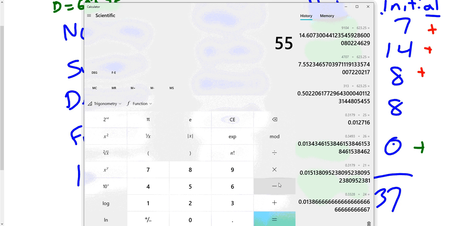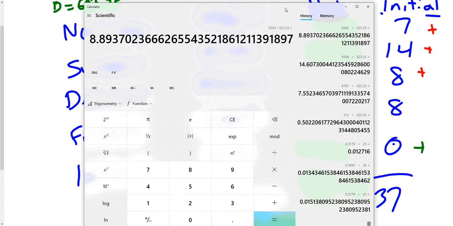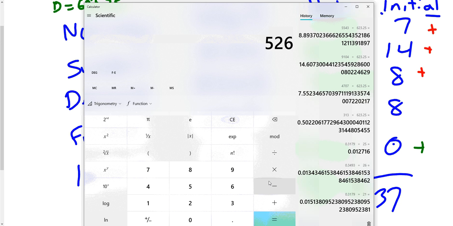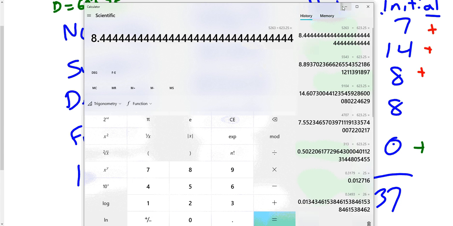Let's do Denmark. 8.8937. And then Finland will be a little bit smaller, 8.4 repeated.